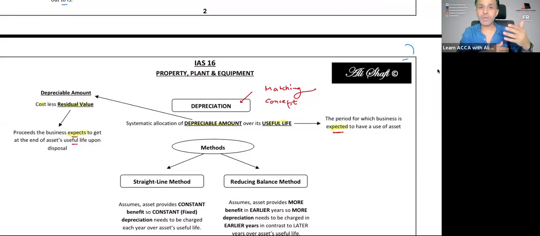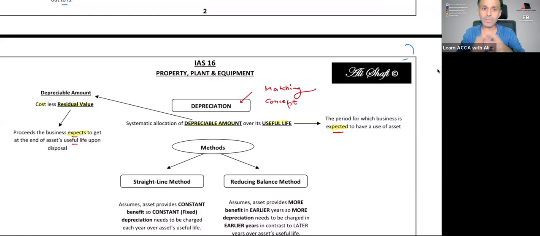So for that laptop, the life that is useful to me is a 2-year life. So it's the life that you expect to have the use out of it, not the actual life. Actual life can be much longer than that. It can be the same as the actual life, but it can be different from it. That is a useful life.